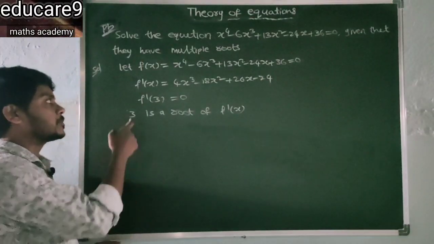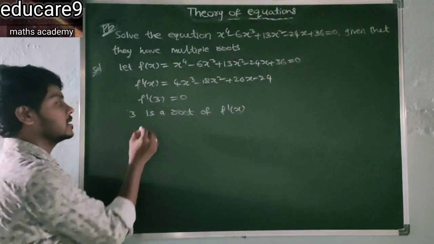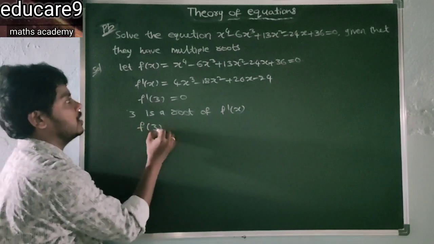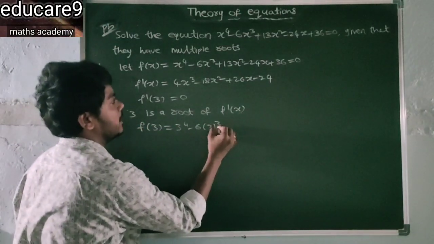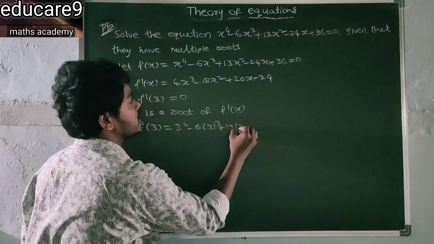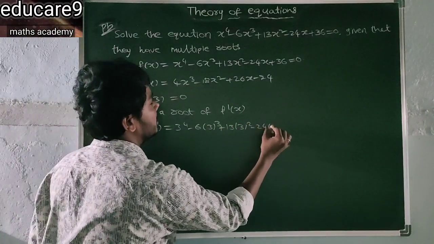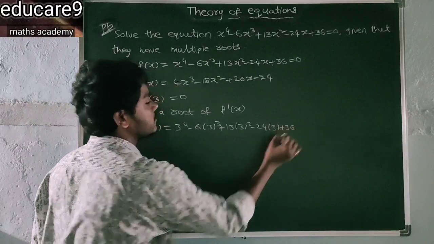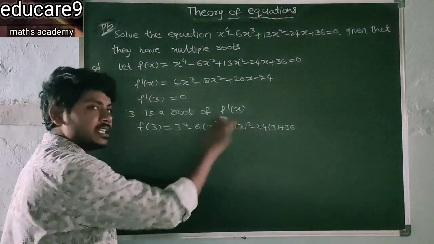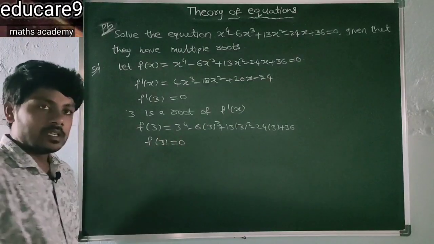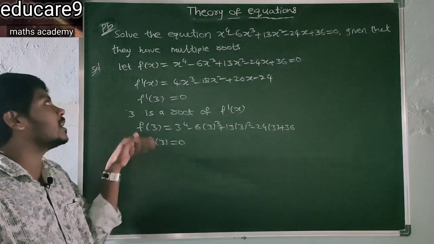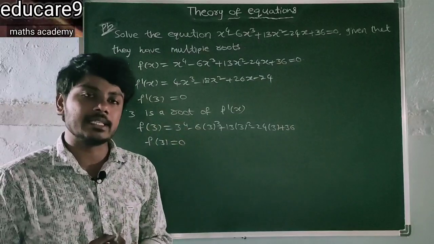Okay. Now substitute this 3 in f of x. So what is the f of 3 value? 3 power 4 minus 6 into 3 power 3 plus 13 into 3 square minus 24 into 3 plus 36. You can simplify this, you will get 0. So clearly 3 is a root of f of x and f dash x.